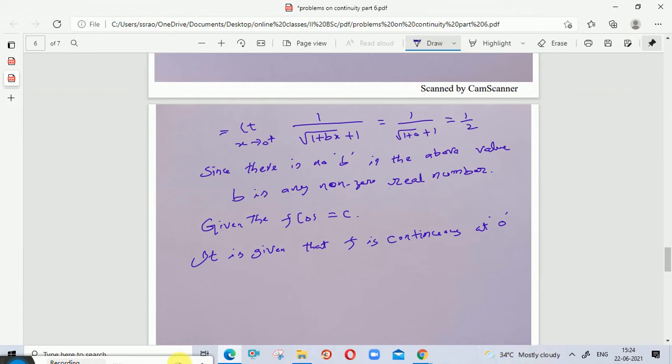Okay, it is given that f is continuous at 0.